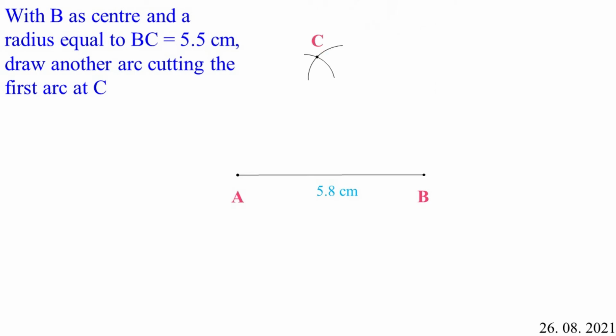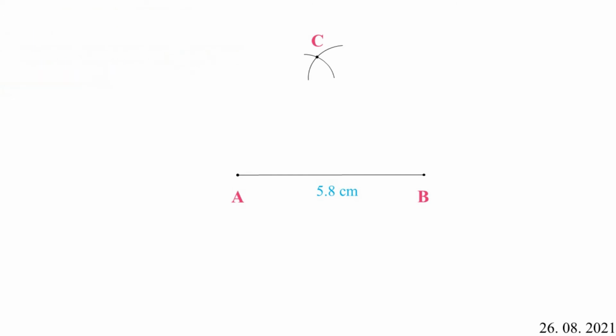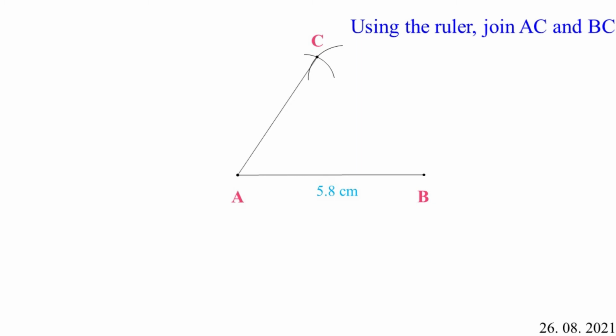Name that point C. Now join AC and BC using the ruler. Join A and C, you get the segment AC. Now join B and C, you get the segment BC. Write the given measurements. AC is 5 cm and BC is 5.5 cm. With this, our first triangle is ready.